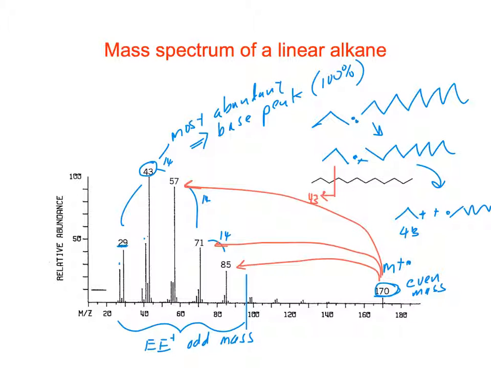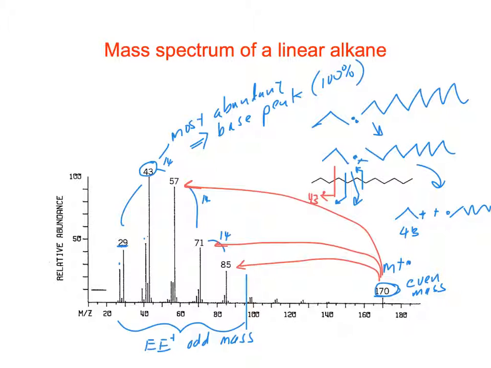That one would be 43. If we cleave one higher, that would give us 57. Cleave here would give us 71, and here would give us 85, and then we're essentially at half. So if it cleaves anywhere on the molecule and loses the larger mass radical, we get this series of ions.